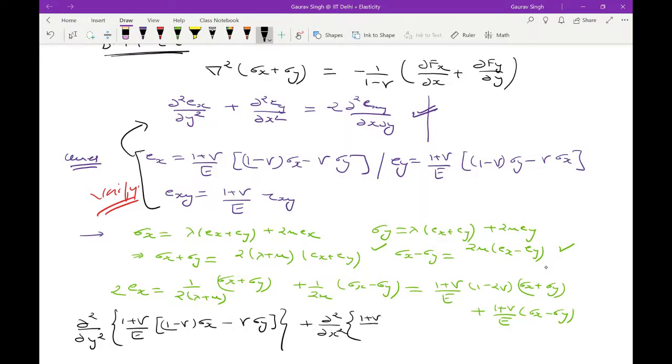Then (1 plus nu)/E times [(1 minus nu) sigma y minus nu sigma x]. Okay, and this is equal to 2 times ∂²/∂x∂y of epsilon xy. So epsilon xy is simple: (1 plus nu)/E tau xy.